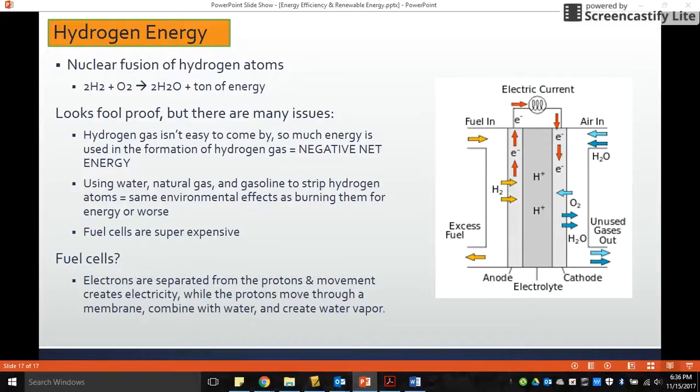A lot of the hydrogen gas that we get right now is from either natural gas, coal, or gasoline, which is going to have the same environmental effects as just burning them for energy.